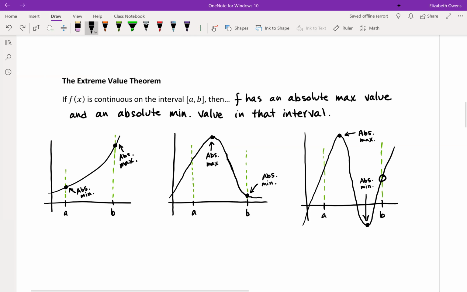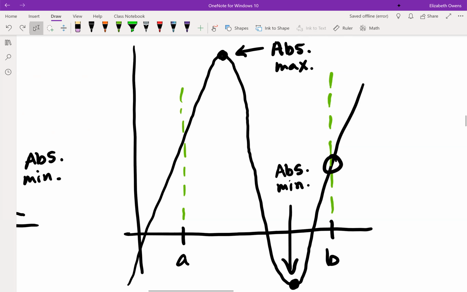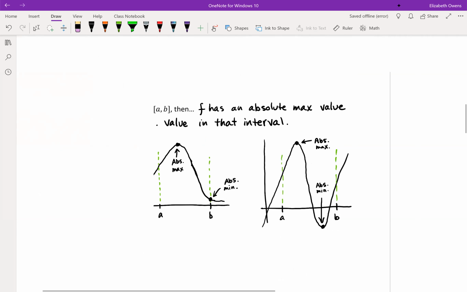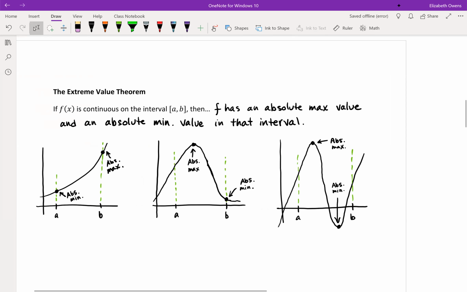All right, so sometimes the endpoints don't really get any love or labels. They're just values at the endpoints. But for the absolute maximum and minimum values, we've got some different scenarios here. They can happen at the endpoints. They could both be at endpoints.